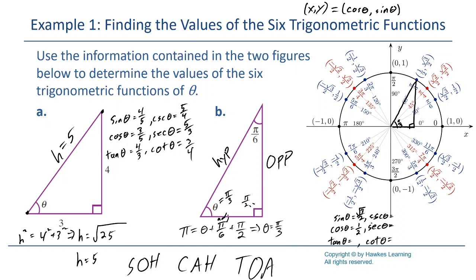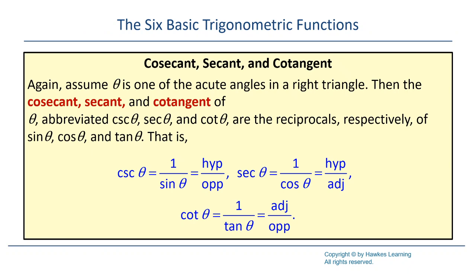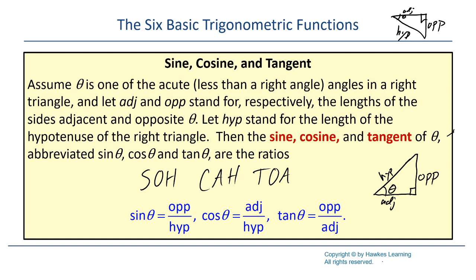But now to go back to tangent for a second, tangent is equal to opposite over adjacent. In reality, it's actually equal to the opposite over the hypotenuse divided by the adjacent over the hypotenuse.